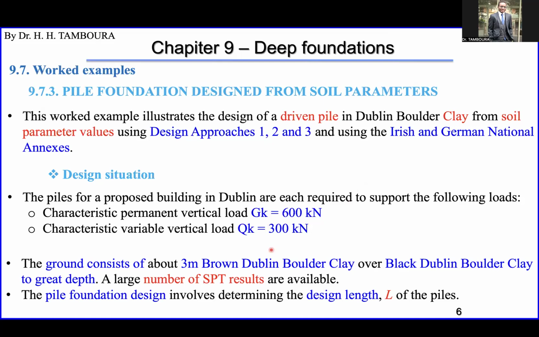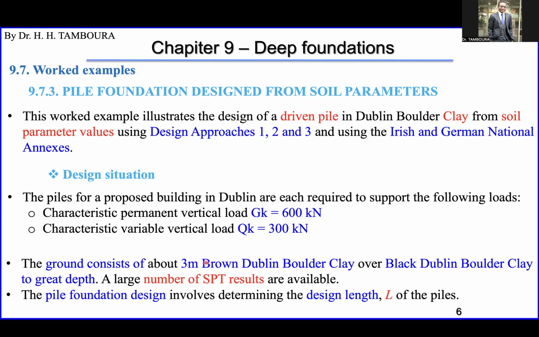The ground: we have two soil layers, 3 meters of brown Dublin boulder clay, and a considerable layer of black Dublin boulder clay.